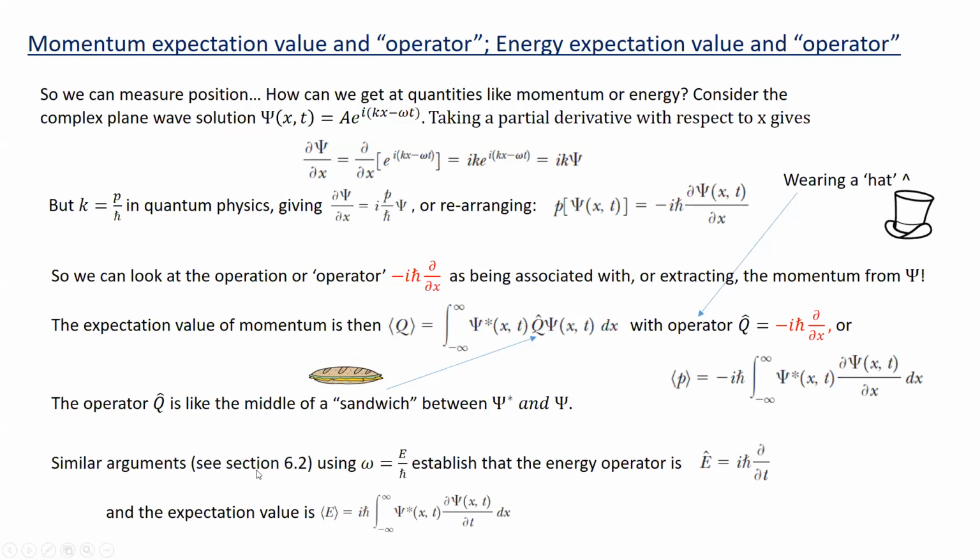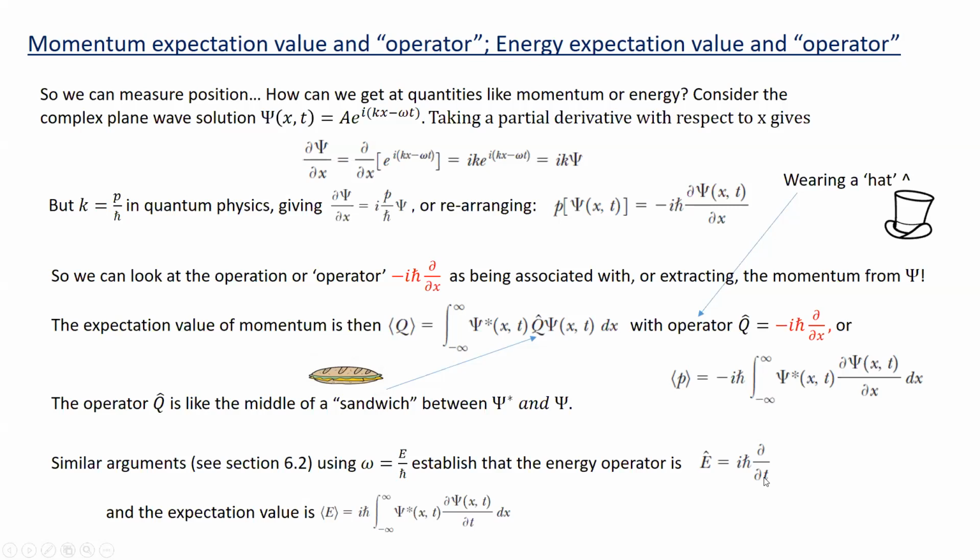And with similar arguments, if you see section 6.2, using, instead of the relationship for k and p, p is h bar k, using E as h bar omega, you can establish that the energy operator turns out to be, instead of minus i h bar d dx, i h bar d dt.